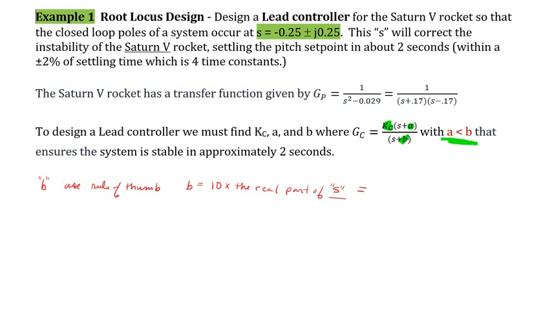So for our situation, B is equal to 10 times negative 0.25, which is equal to negative 2.5. And that's the value of B. So we already know the value of the pole for our lead controller. The rest of the work is pretty straightforward and simple. A and K will take some doing, but I wanted to get that out of the way right away.